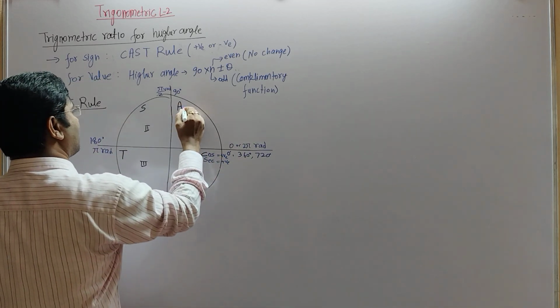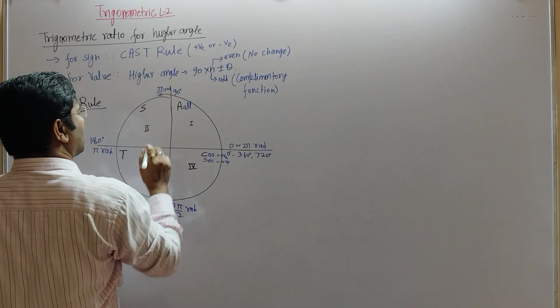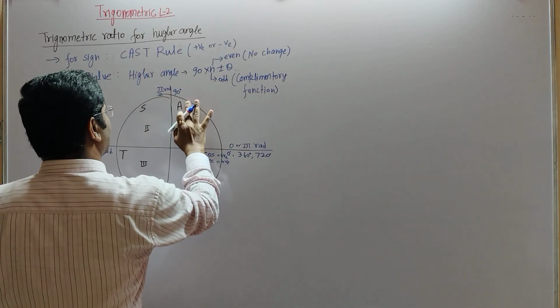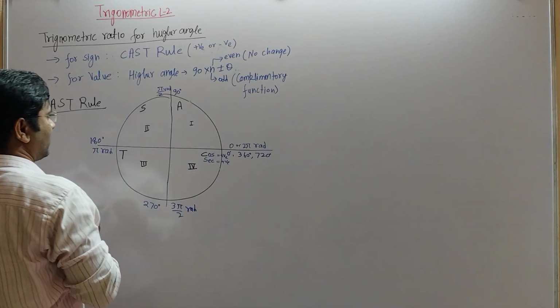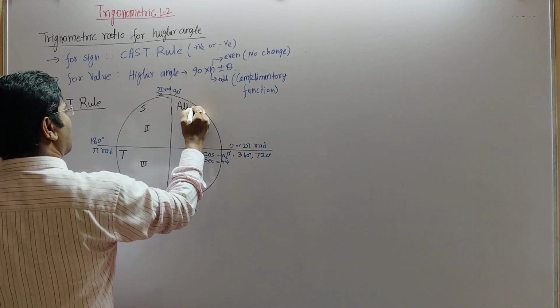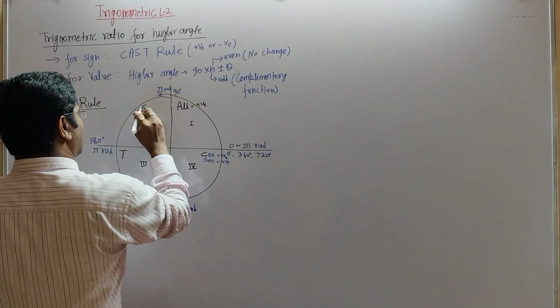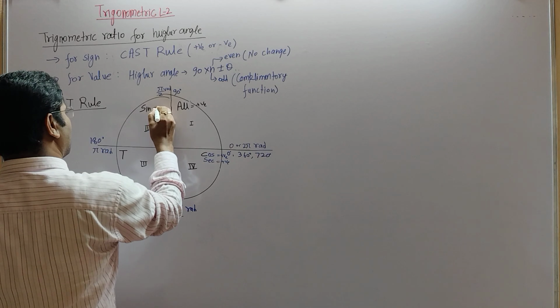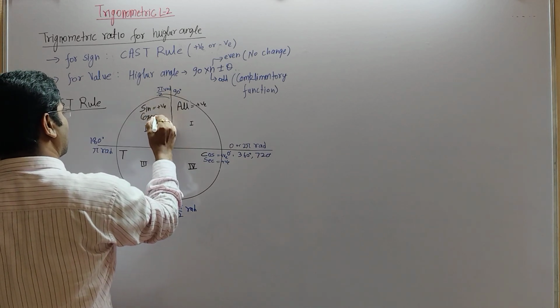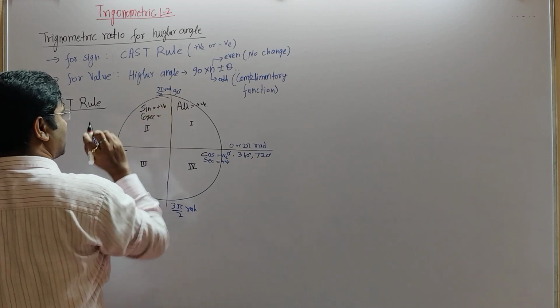This is A. A means all, all positive. And this is sine positive. If sine is positive, then cosec is also positive, because the reciprocal of sine is cosec.